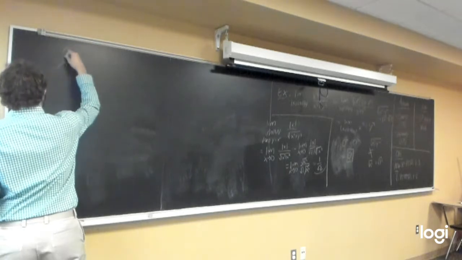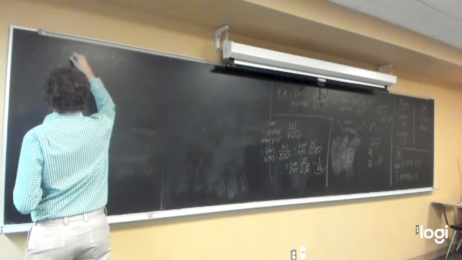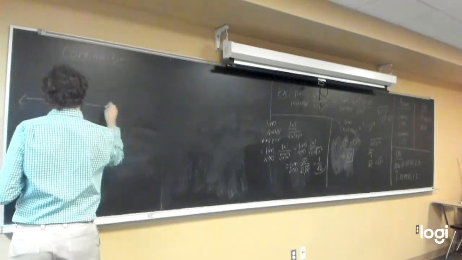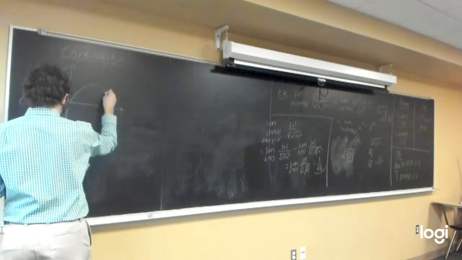So, just as a little bit of quick review about continuity from Calc 1. Let's say we were looking at a function f of x that does something like this.